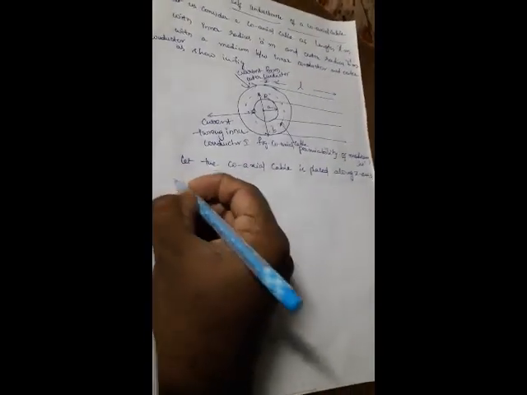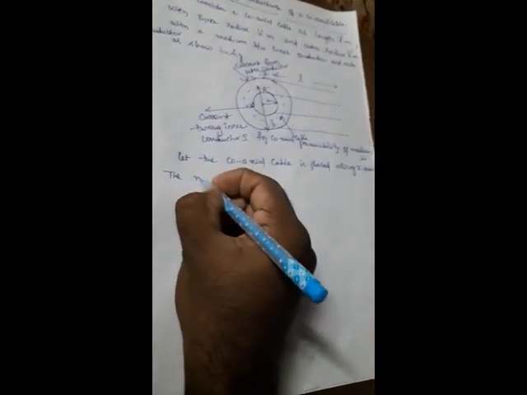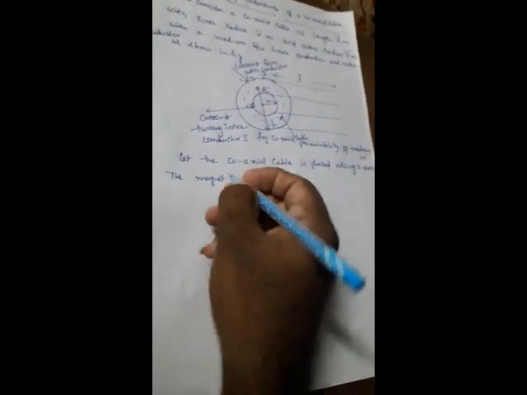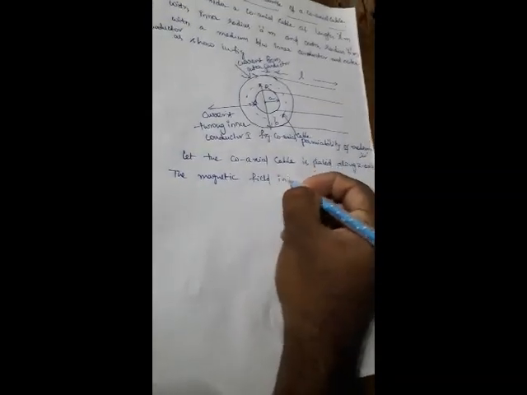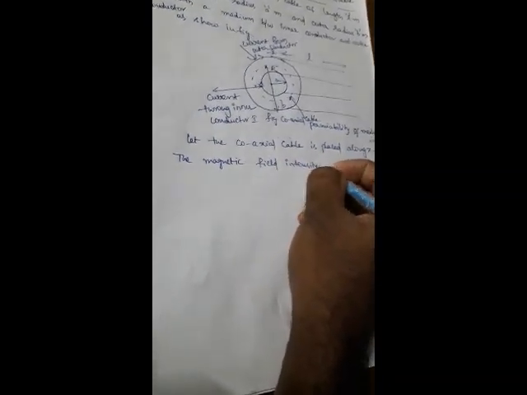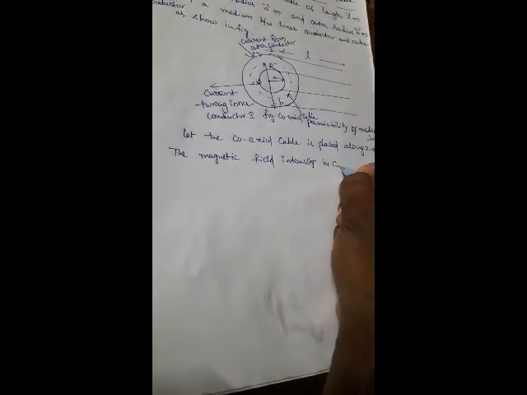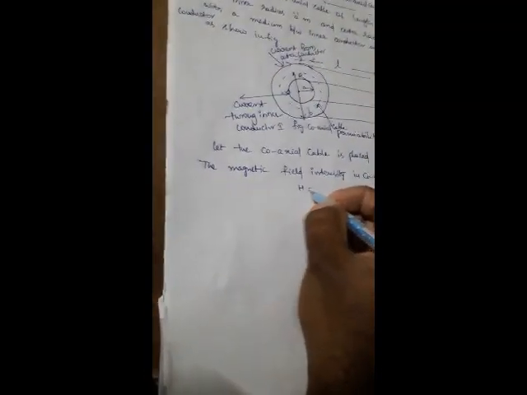So the magnetic field intensity in a coaxial cable is H bar equal to I by 2 pi r, A phi bar ampere per meter.